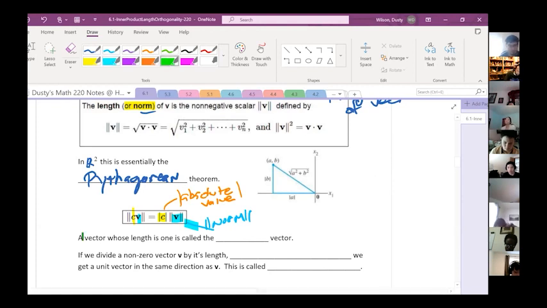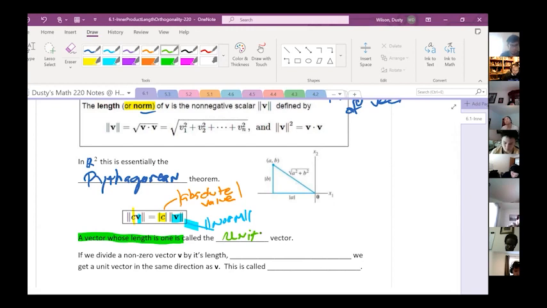Simple, important, familiar concept. A vector whose length is 1 is called what kind of vector? A unit vector. Called a unit vector because we think like 1 unit.